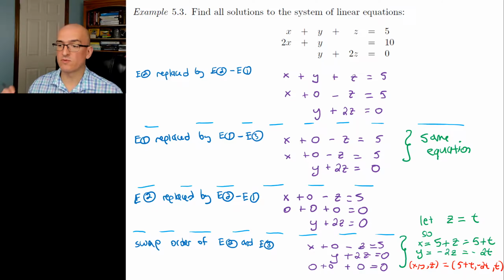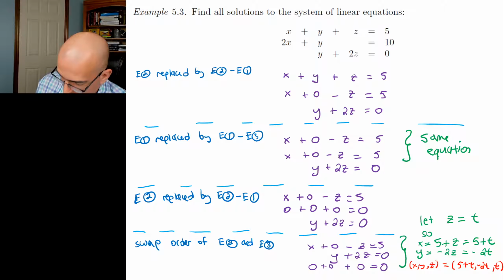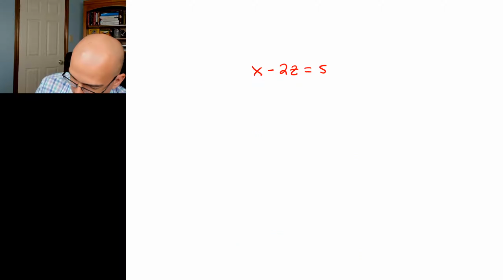In the previous video, we solved this system of linear equations using only those 3 allowed elementary operations. And at the end, we got to a state that said that x minus z equals 5, no 2 there, and y plus 2z is equal to 0.